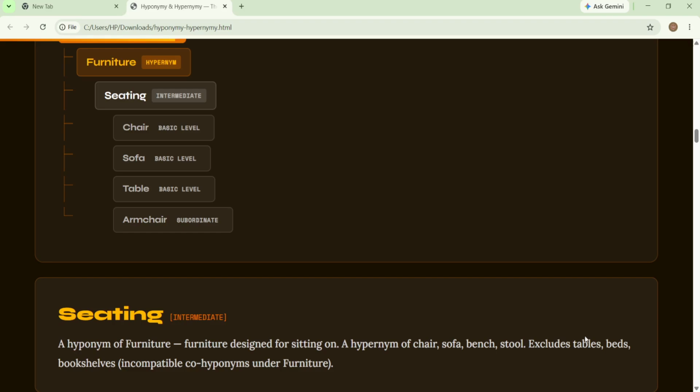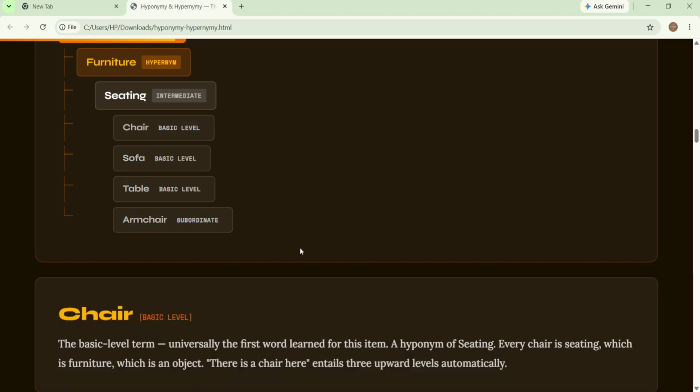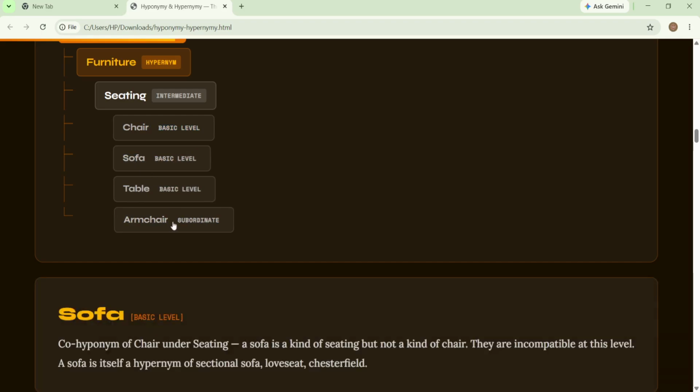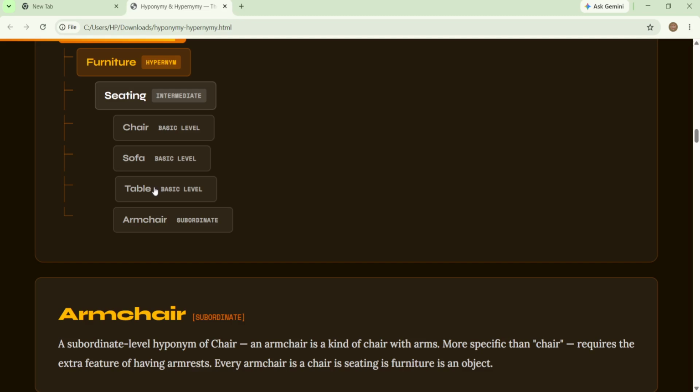Well, actually, it is done, but we're looking at semantic definitions, which are in our lexicon. It also excludes beds and bookshelves. Then chair. Chair is to sit on, so it is included in sitting. Then sofa, then armchair again.